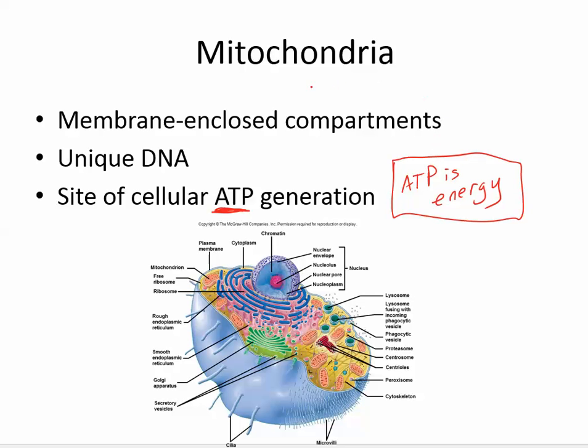There's primarily one place that makes great quantities of ATP, and that is the mitochondria. It's kind of a joke that the mitochondria is the powerhouse of the cell. That's fine, but it's not very descriptive. So we're going to talk about how that energy is being made in a later chapter.